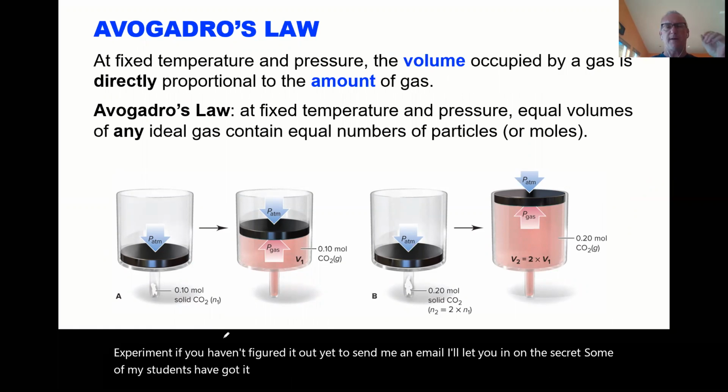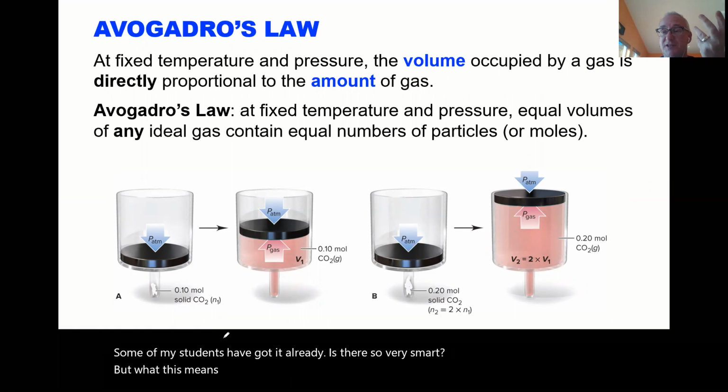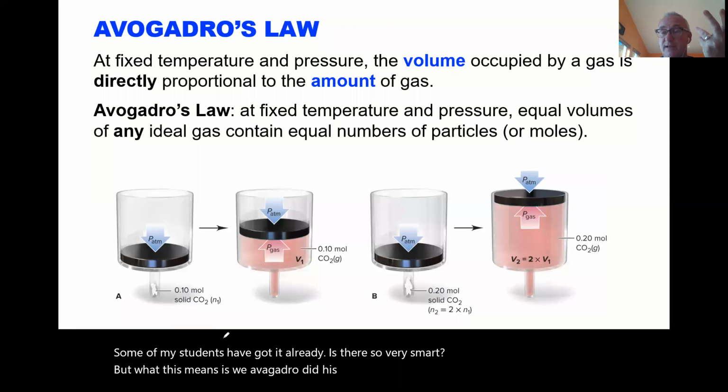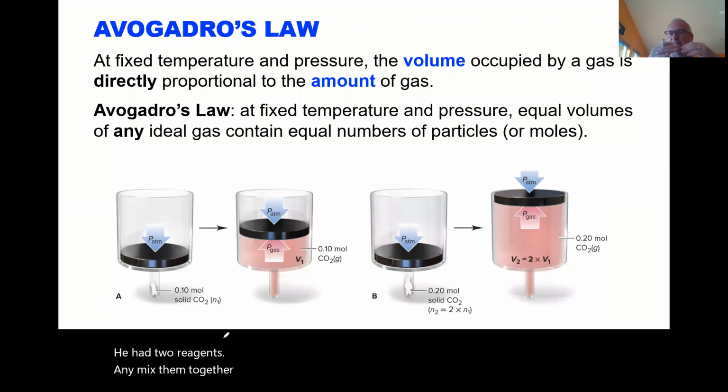They're so very smart. What this means is when Avogadro did his experiments, he noticed that when he had two reagents, he mixed them together, and they created X moles of gas. And then he measured the volume.